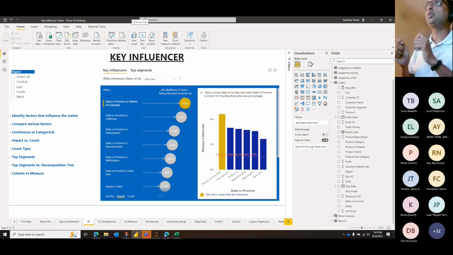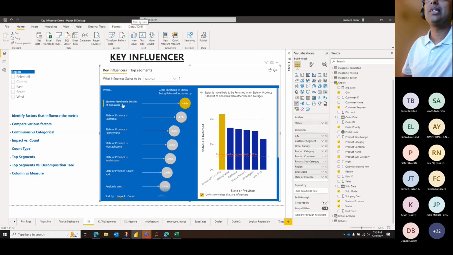But you have to take the two things together. So there is no right or wrong answer here, or one clear-cut 100% answer, because DC and California are so close that you might say, well, DC, yeah, 4.61 times of being returned. But look at California, it's 4.21 times. So it's higher, or it's almost the same order of magnitude.